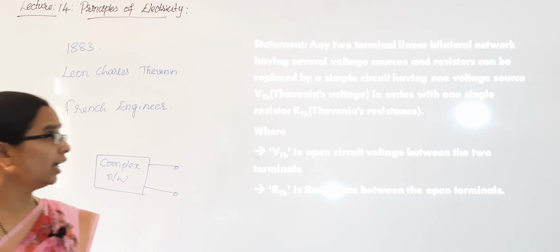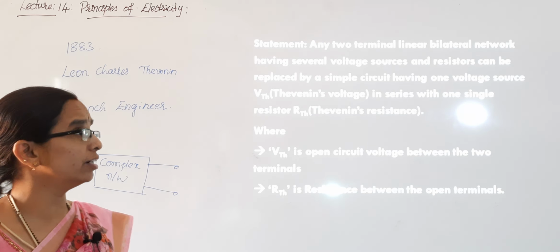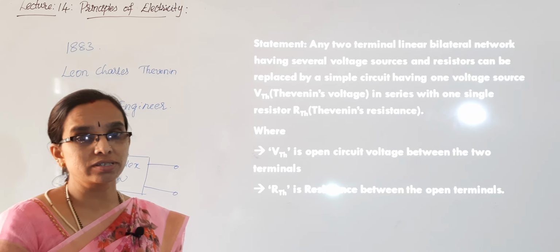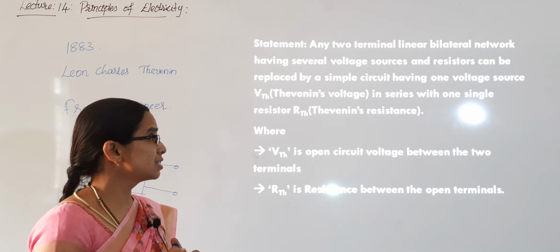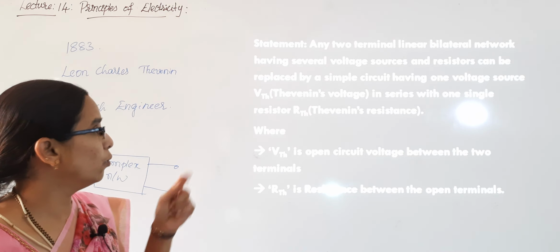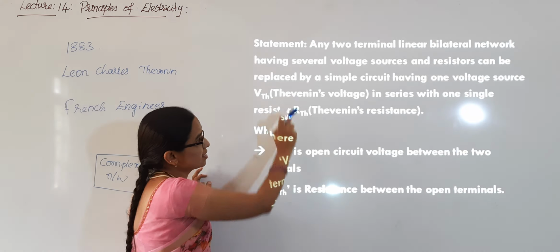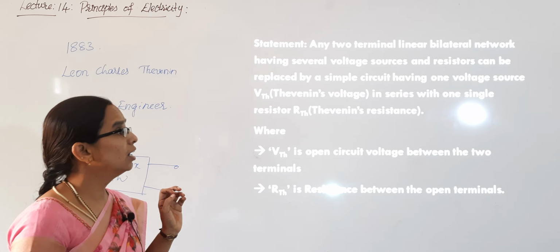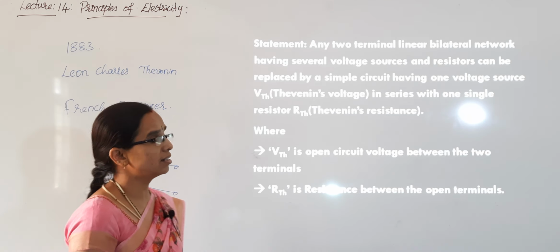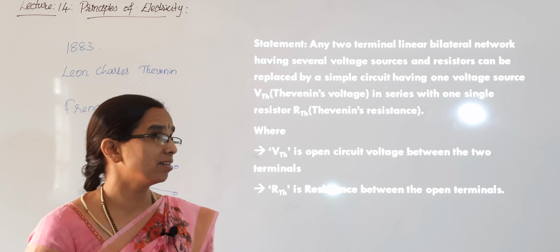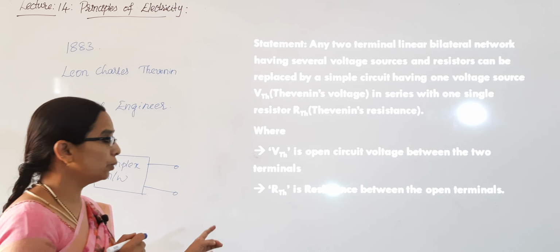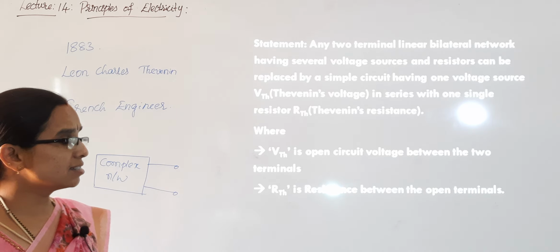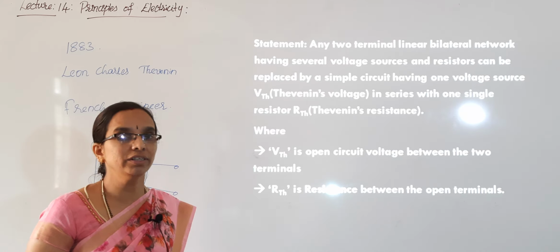It states that any two-terminal linear bilateral network having several voltage sources and resistors can be replaced by a simple circuit having one voltage source VTH, that is nothing but Thevenin's voltage, in series with a single resistor RTH, that is called Thevenin's resistance, where VTH is the open circuit voltage between the two terminals, and RTH is the resistance between the open terminals. This I will explain while explaining the analysis of the theorem.